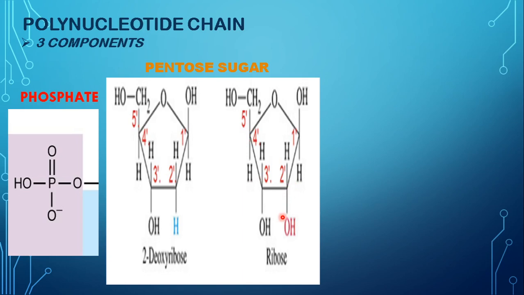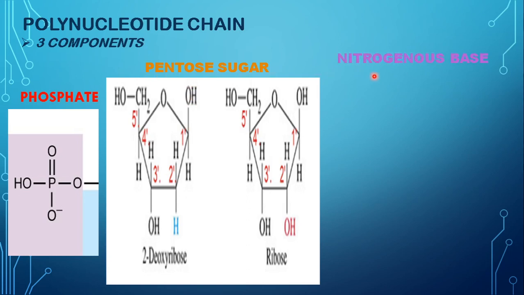In deoxyribose, the carbon at the second position is deficient of oxygen. You can see here OH, and here the O is missing. Hence the name 2-deoxyribose: 2 means second position, deoxy means deficient in oxygen. So this is the second component that makes up one nucleotide.